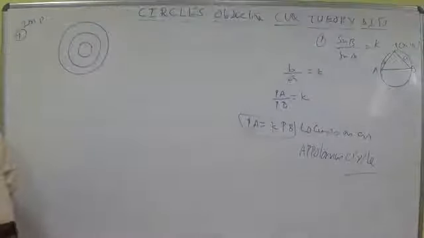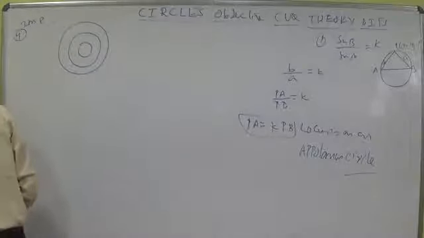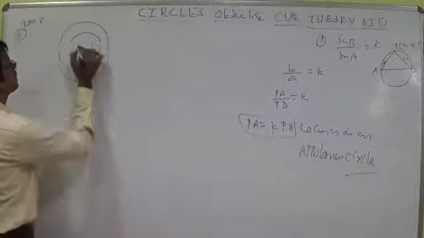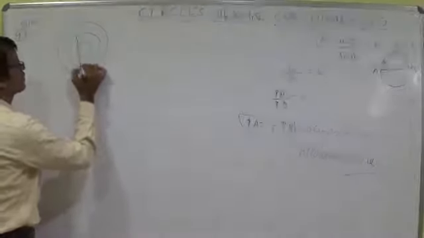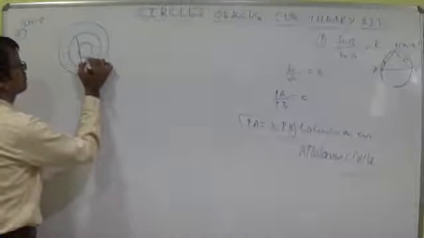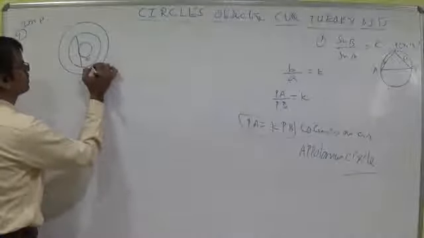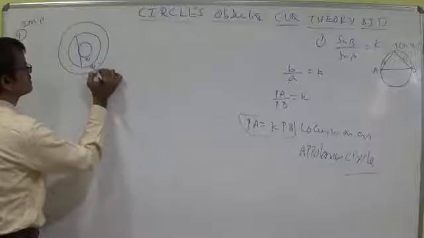A tangent at a point on the circle x square plus y square equal to a square. For this one, a tangent is there. Put here 1, put here 2. This is 3.